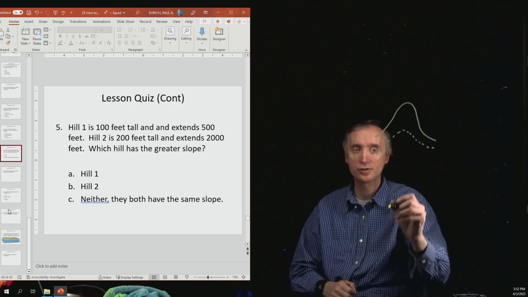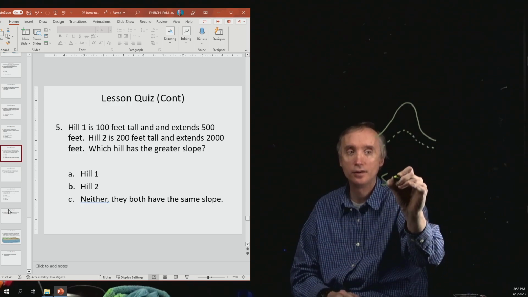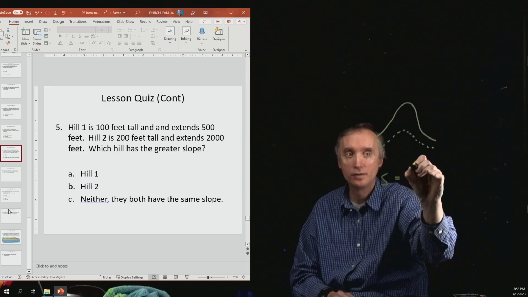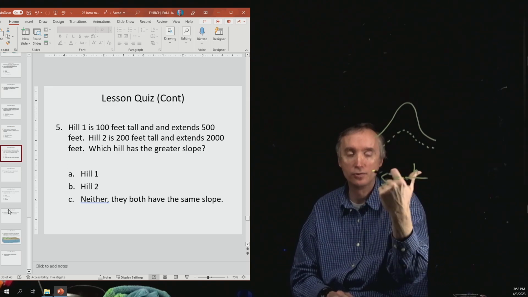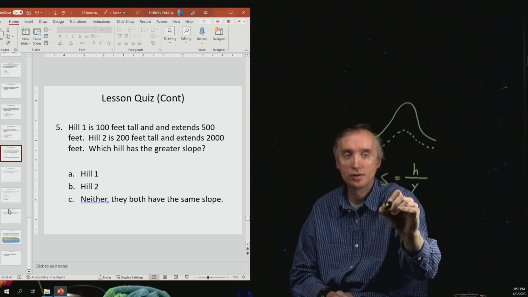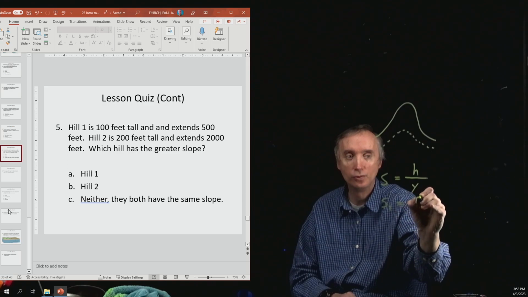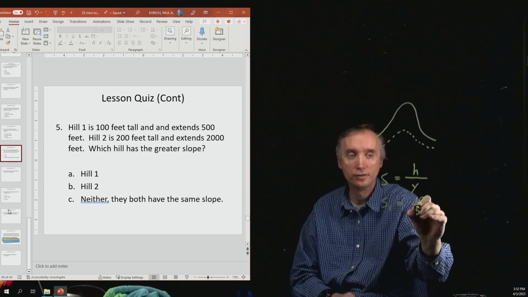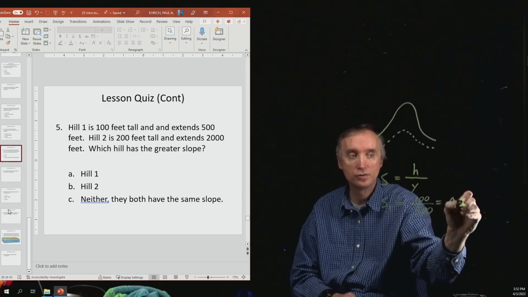Okay, so our definition of slope was the letter S, and it was basically rise over run. So it's going to be the height, H, divided by the distance that it flows sideways, which we could say is the letter Y. So slope for hill number 1 would be equal to 100 divided by 500, which is going to be 0.2.